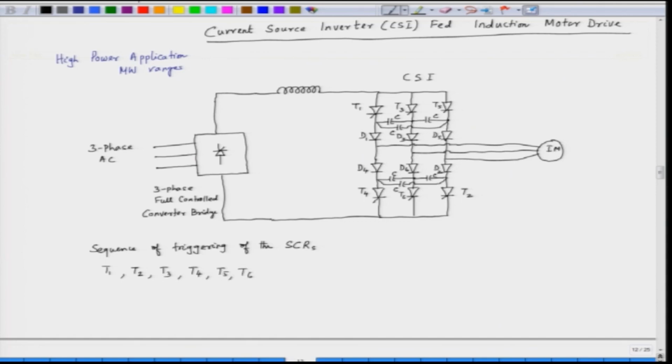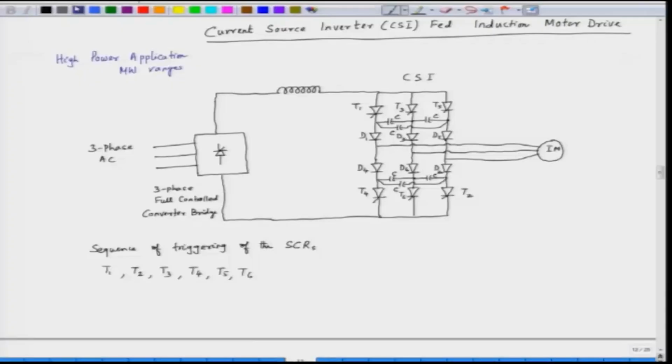And at any given time, if we neglect the commutation overlap, only two SCRs will be conducting. So, the SCRs will be conducting in pairs: T1 T2, T2 T3, T3 T4, T4 T5, T5 T6, T6 T1 and so on.